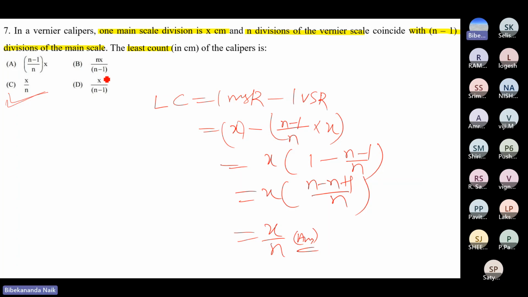Sometimes the question becomes tricky when it is written that the least count is in mm. So after calculating in centimeter, you have to convert it to mm. So can anyone tell me what will be the least count here? The least count is x by n centimeter. So what will it be in mm?